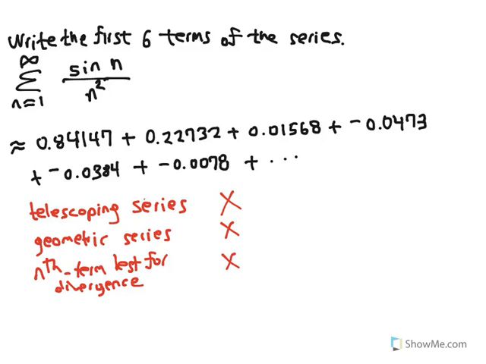We cannot use the integral test because the corresponding real valued function f of x is equal to sine x over x squared. It would be continuous, but it's not positive, and it's not consistently decreasing. So the integral test is out of the question here. We don't have a p-series here, so we can't use that either.